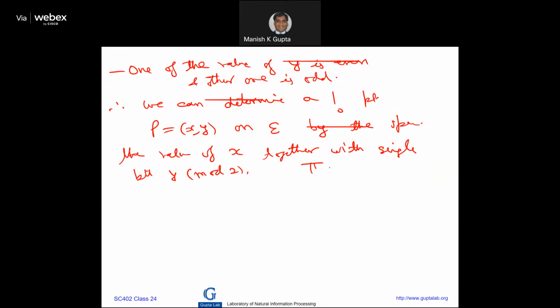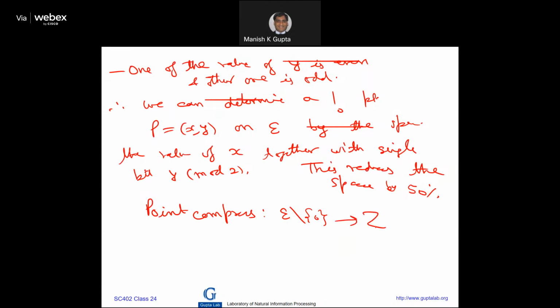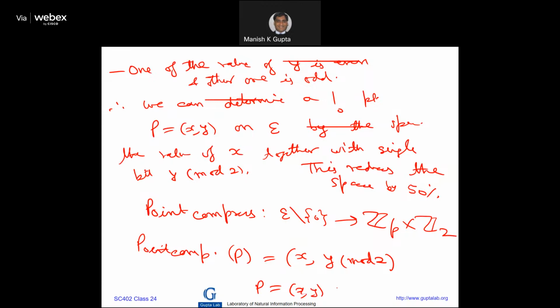So this reduces the space by 50% or so. Mathematically, we can have a function point compress, taking E to Z_P cross Z_2. The point compress function of P is x comma y mod 2, where P is a point x comma y on E. We are going to use this point compress function.